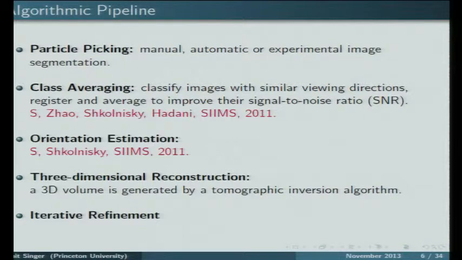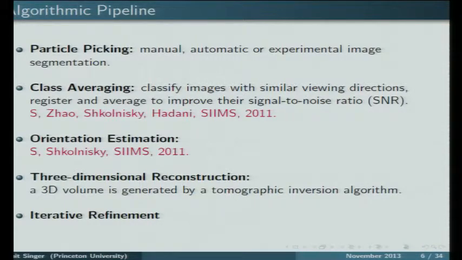And then you have to do orientation estimation, and I'll tell you in a second how this can be done. After you estimate the rotations, you have to do a 3D reconstruction, and that's the classical tomography problem. And once you have an initial model, then you can iteratively refine it.